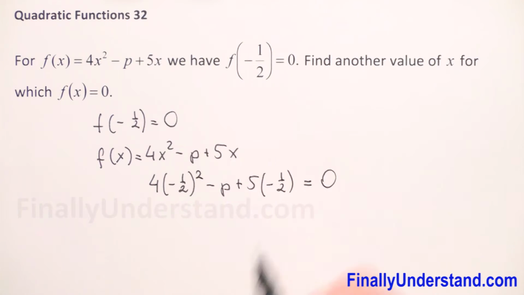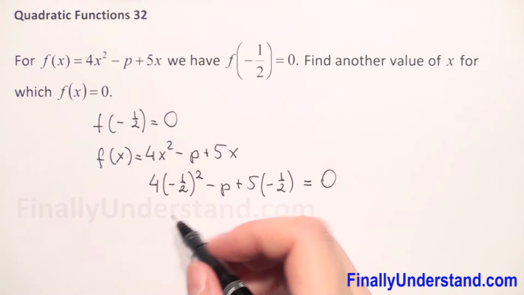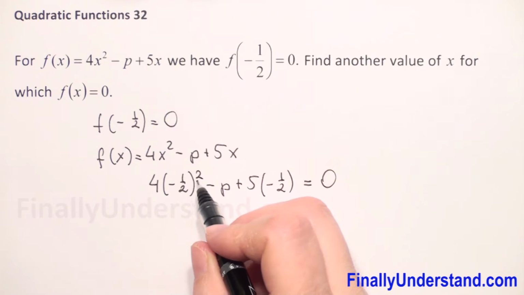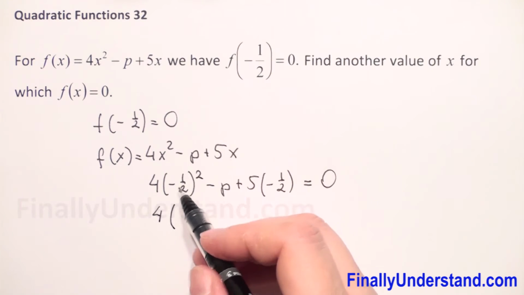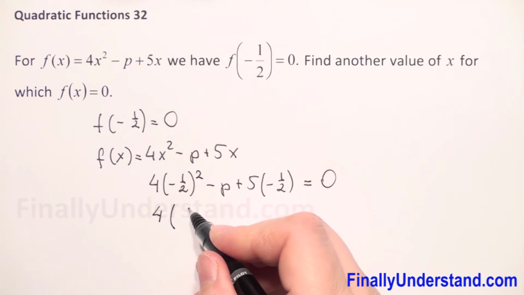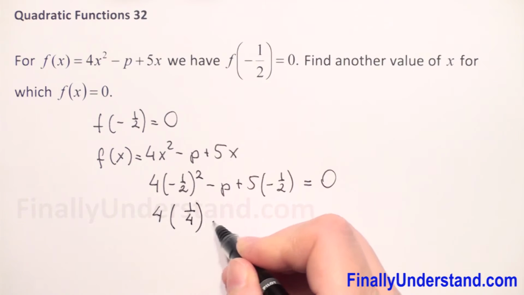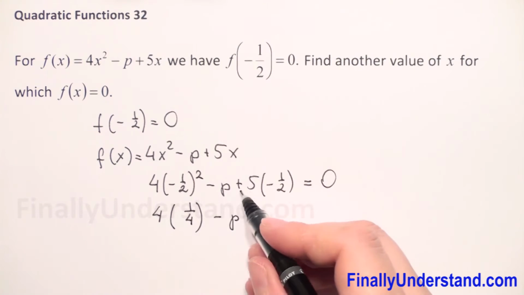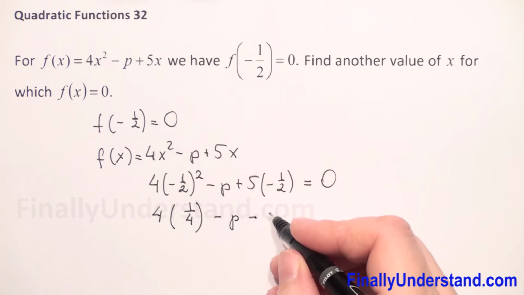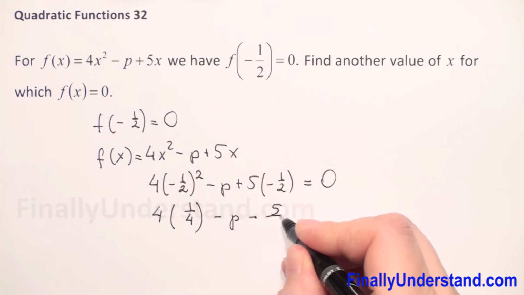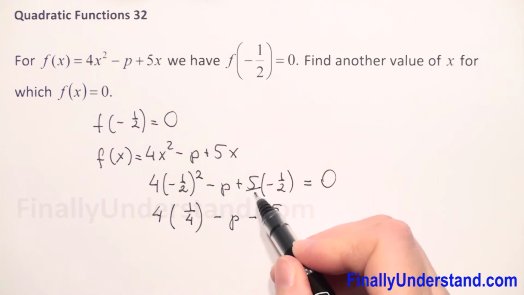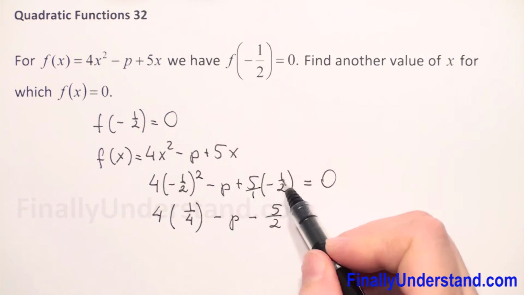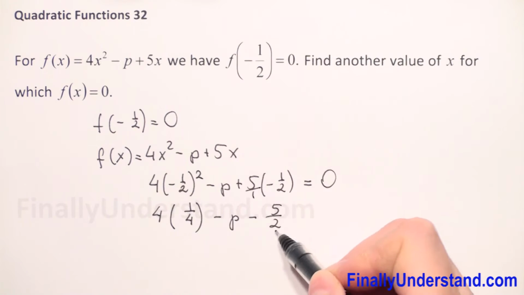So now we have an equation with one unknown. First we have to take −1/2 to the second power. So we have 4 times (−1/2)² will be 1 over 4, minus p, and positive times negative gives negative, so 5 over 2. Because we have fractions here, I can rewrite 5 as a fraction also: 5 times 1 is 5, 1 times 2 is 2.